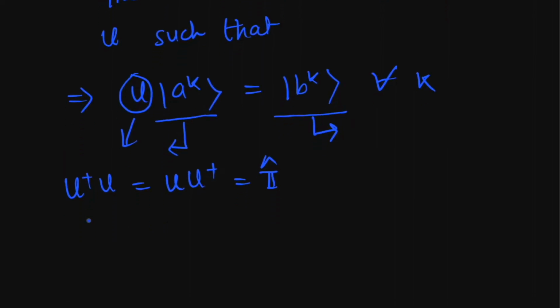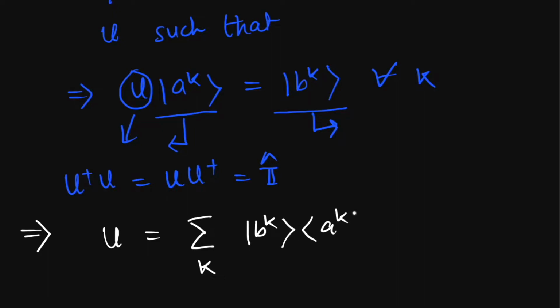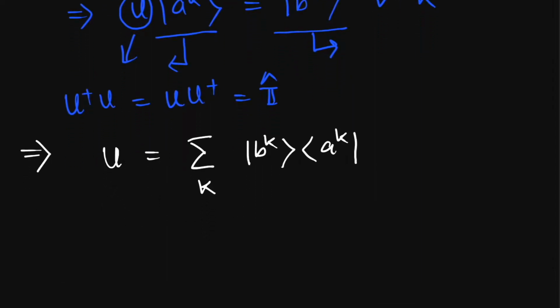To prove that theorem, let us assert that operator U has the form summation of k bk ak. This operator follows that property. How can we see that?